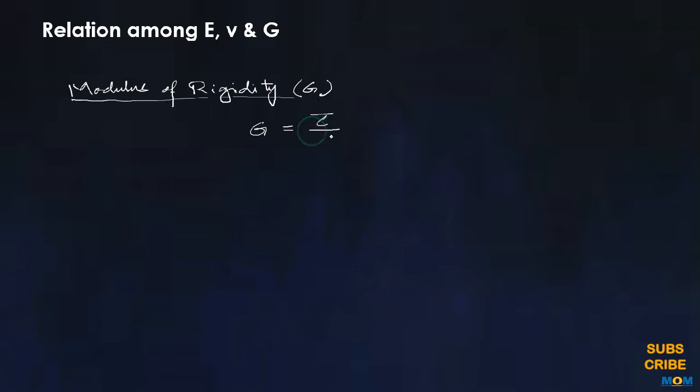Then the modulus of rigidity, represented with simple symbol G. Now again this G is equal to the tau upon gamma, that is the shear stress.